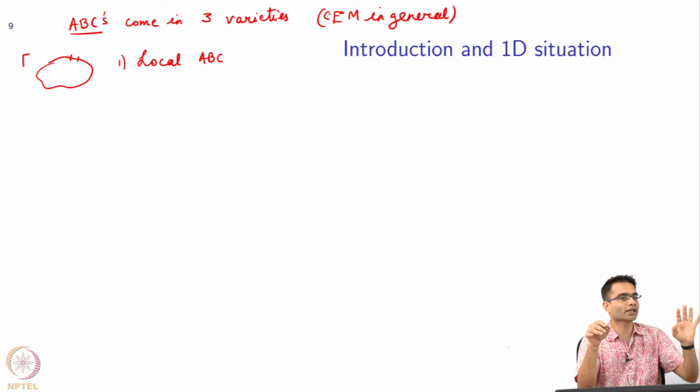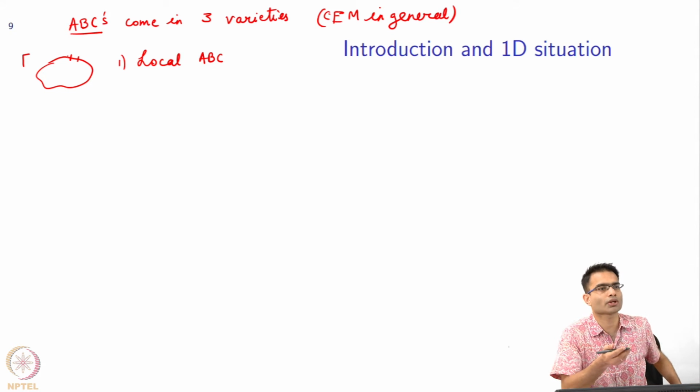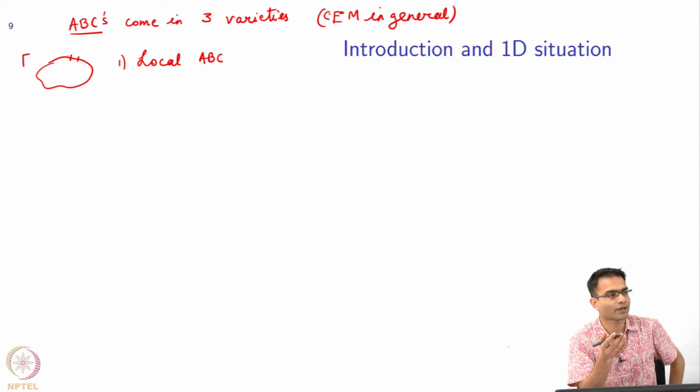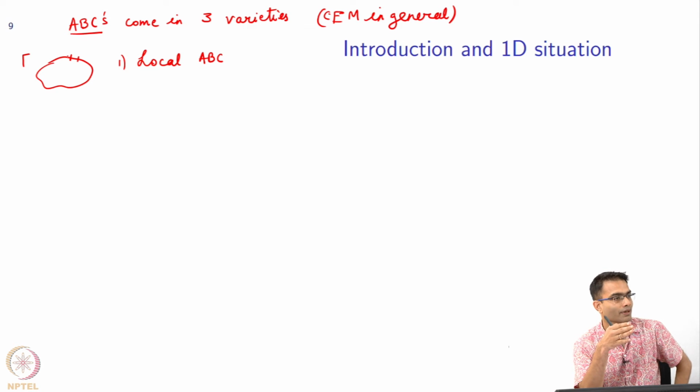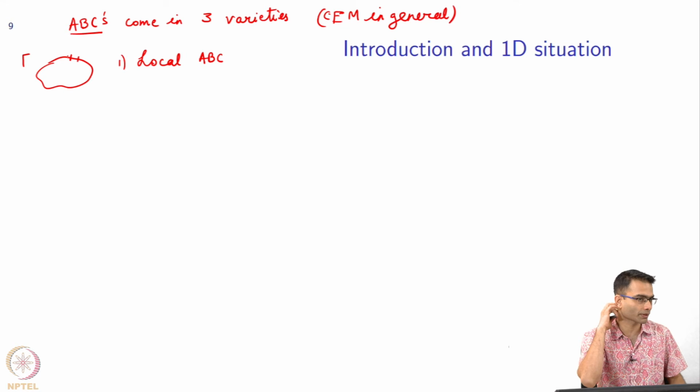It does not depend on anything else, okay. So, the word itself suggests local ABC. So, you saw that for example, in your FEM, the spatial derivative dE by dx was replaced by jkE. So, the value of the field at that point only, not anywhere else, right. That is the simplest way to implement it.